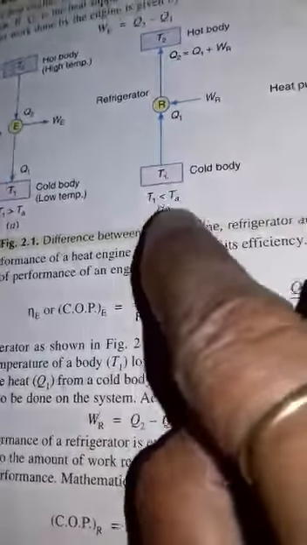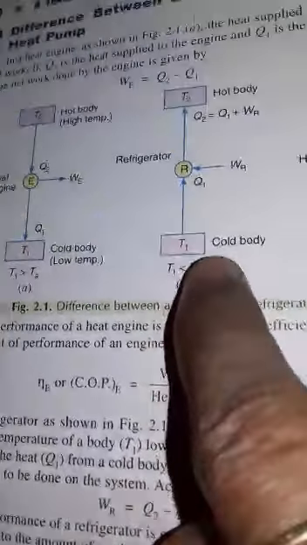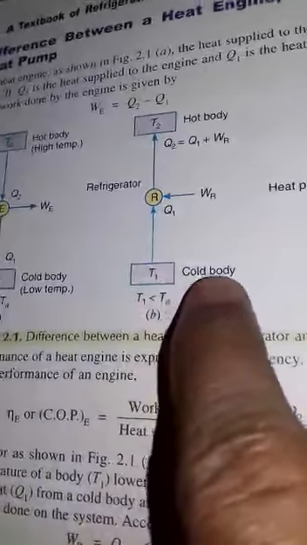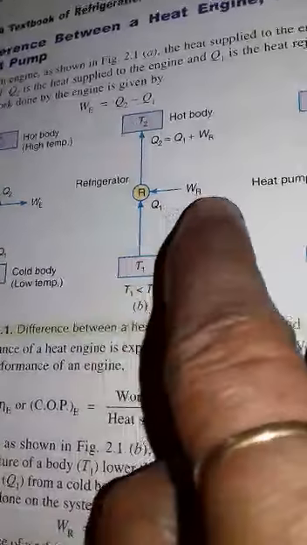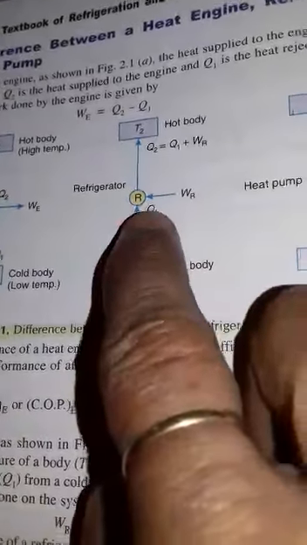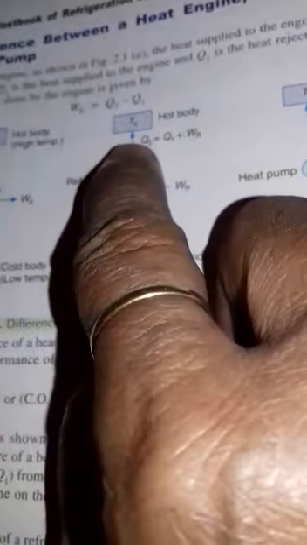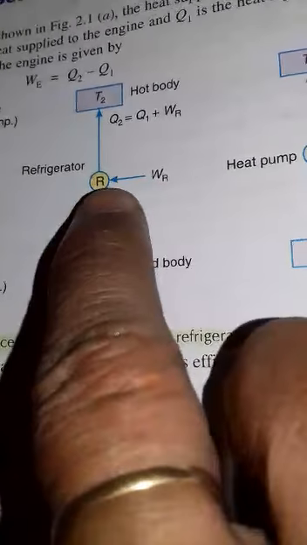So it is absorbing the heat from the lower temperature and work is being supplied, and we are getting higher temperature. We are adding heat to the higher temperature side. So that is Q2 heat, that is given by Q1 plus WR. WR is the refrigeration work.